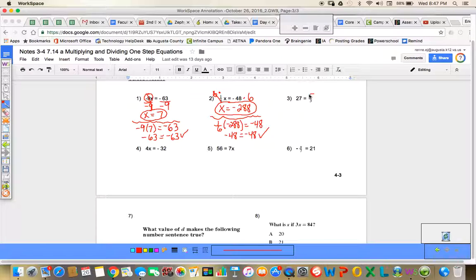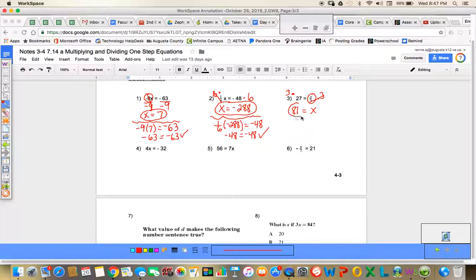Since the opposite of division is multiplication, I'm going to multiply both sides by 3 here. And I'm going to multiply this side by 3. Okay, 3 divided by 3 is a 1 in disguise. So x will equal 27 times 3, which is 81.